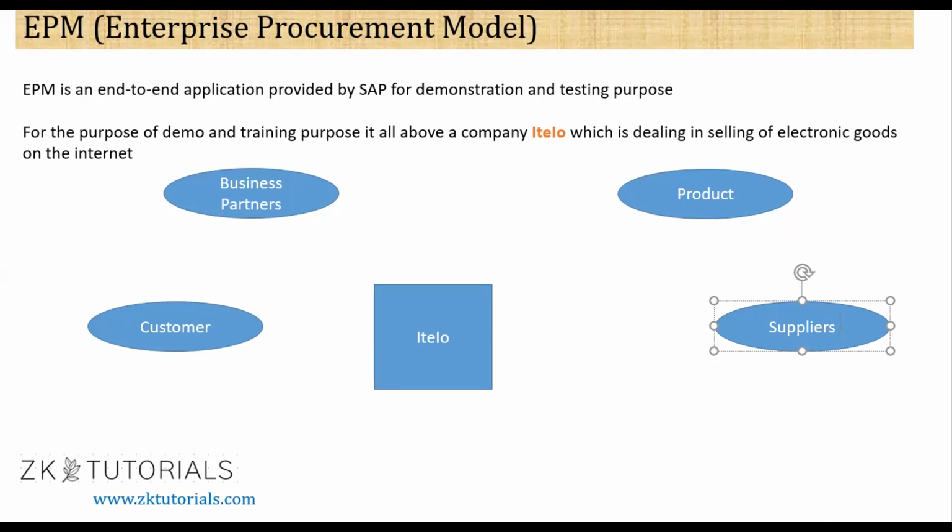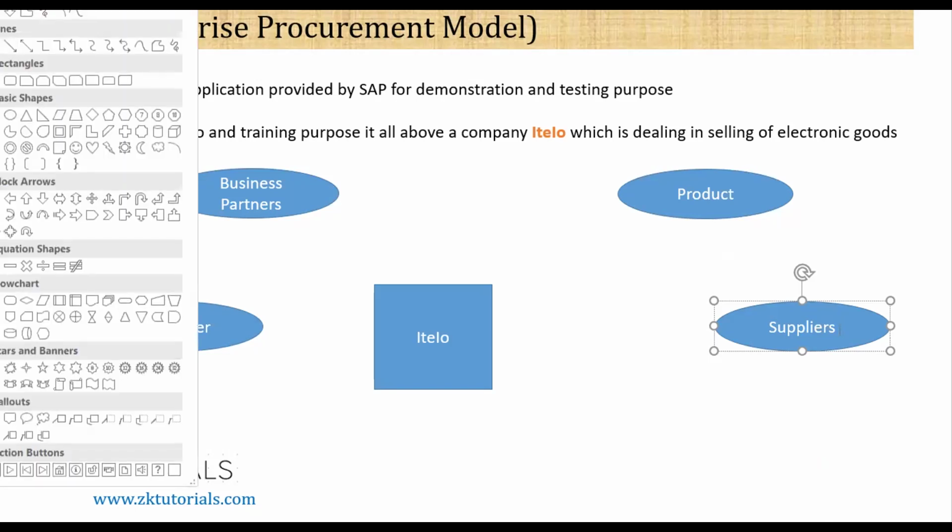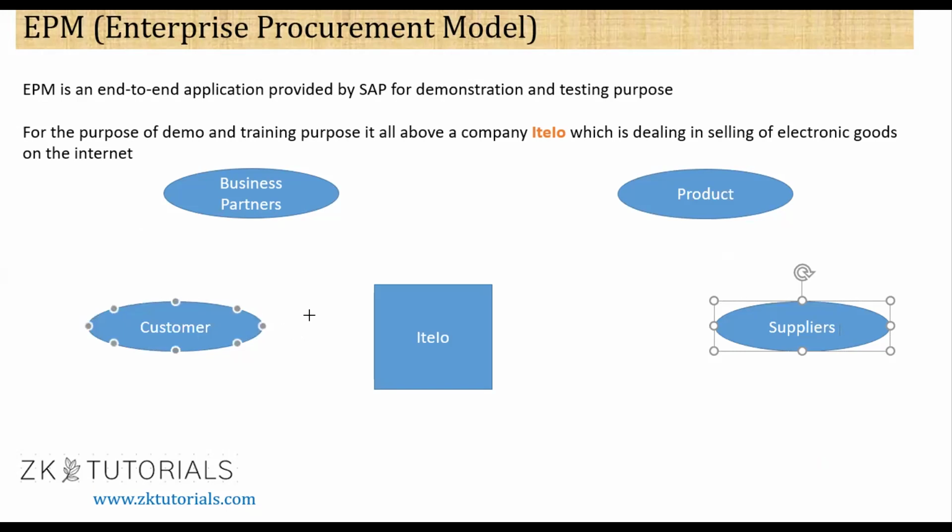For example, we are a customer here, and we have a order which we have ordered from here. So for ITEIO, this is nothing but a sales order. Right, so this is a sales order.